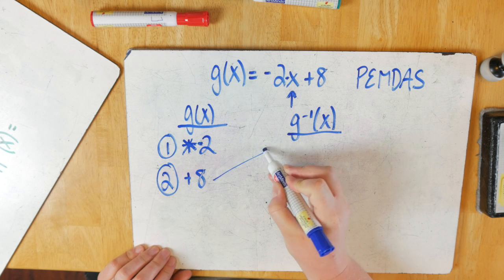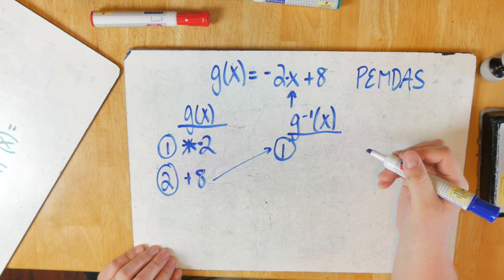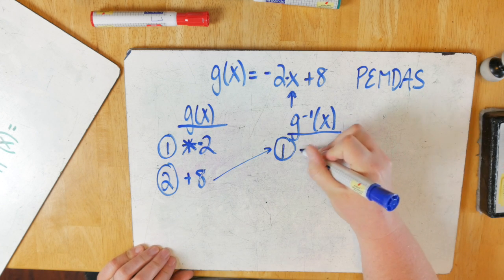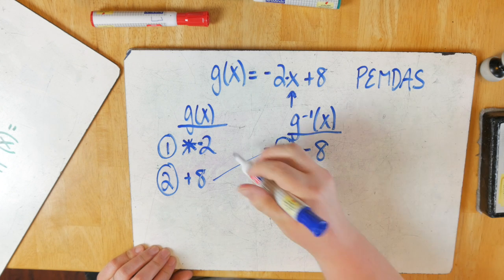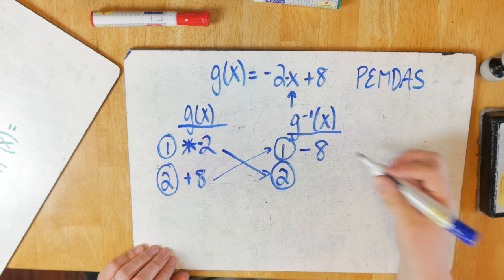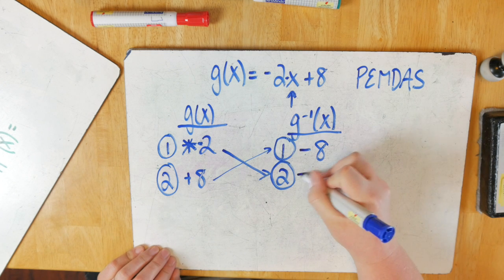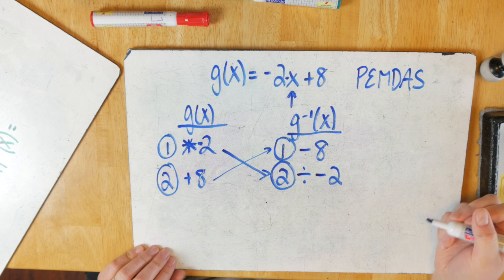So that means that for the inverse, the first thing that we're going to do to some input is subtract 8. And then the second thing that we're going to do to that input, after we plug in an input and subtract 8, is divide it by negative 2.